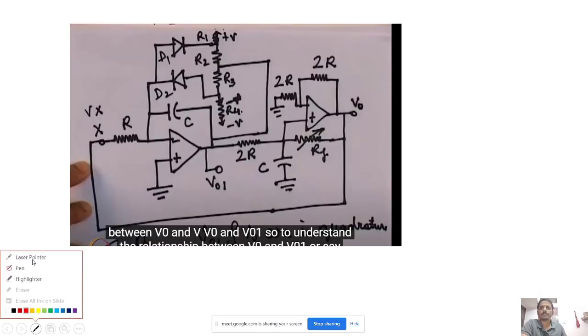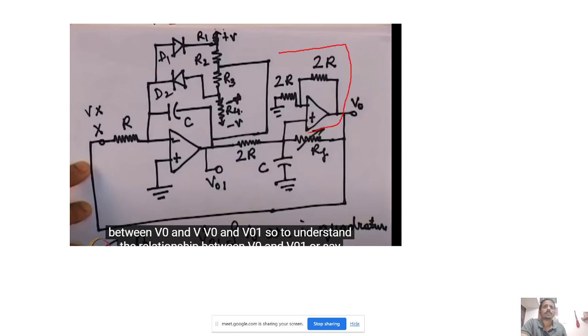So again here, as we can see, this is the forward gain, right? A, and this output is given to this signal. So this is actually the feedback. This acts as a feedback.